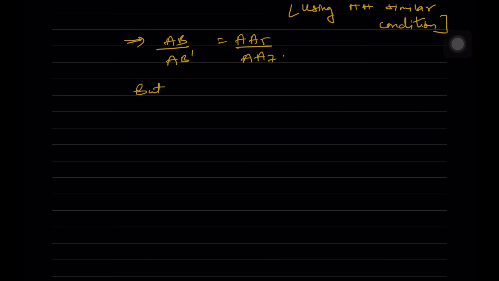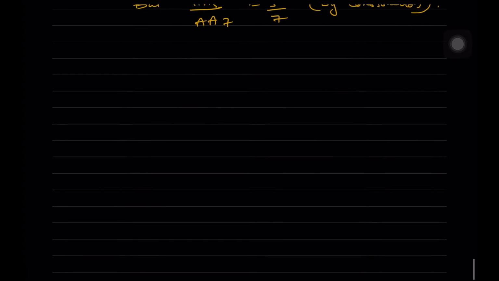But AA5 by AA7 is equal to 5 by 7 by construction. Therefore, AB by AB dash is equal to 5 by 7.